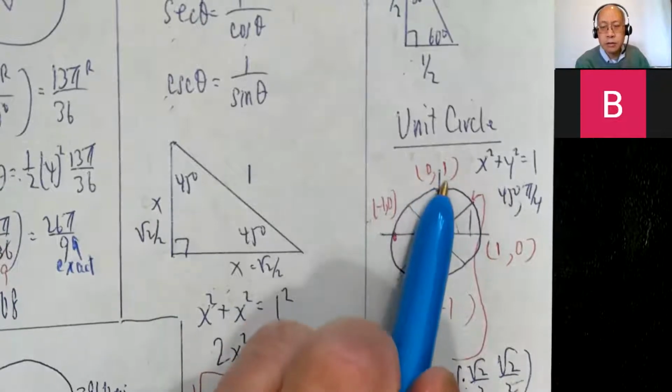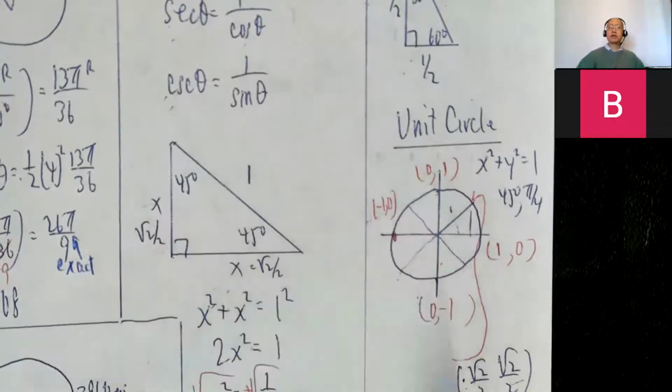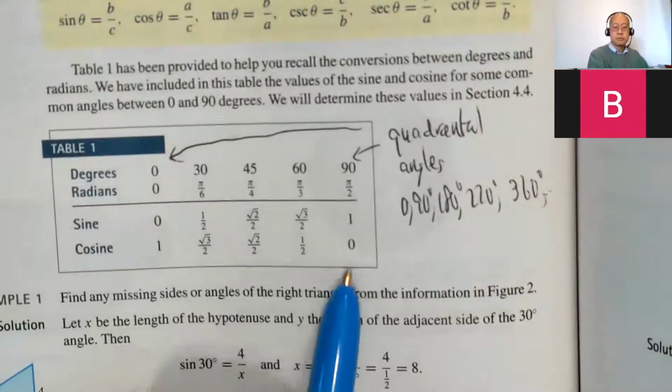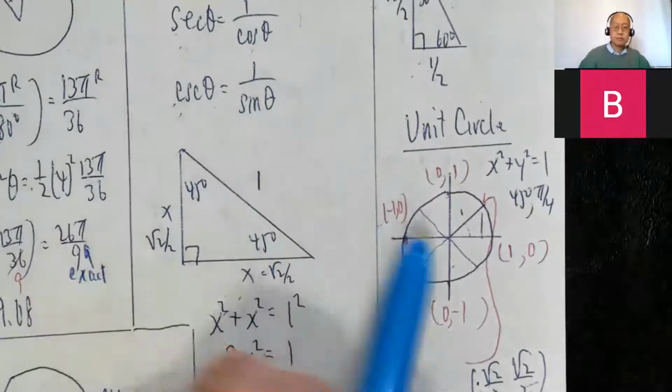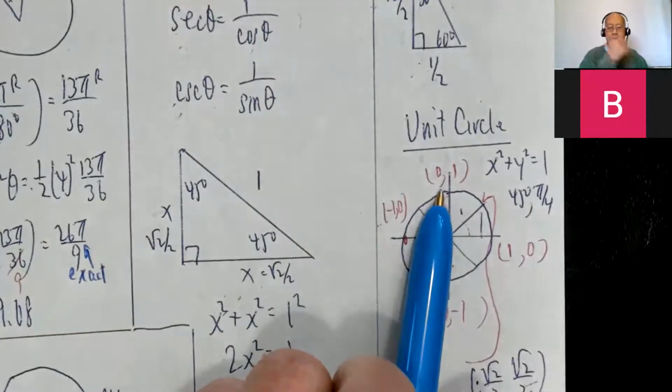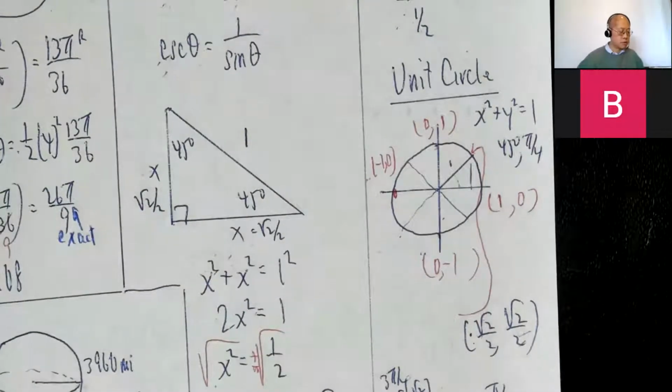Y coordinate? 1. Which tells me cosine of 90 degrees should be 0. Sine of 90 degrees, 1. And of course, you can keep going all the way around the circle if you wish. That's basically it.